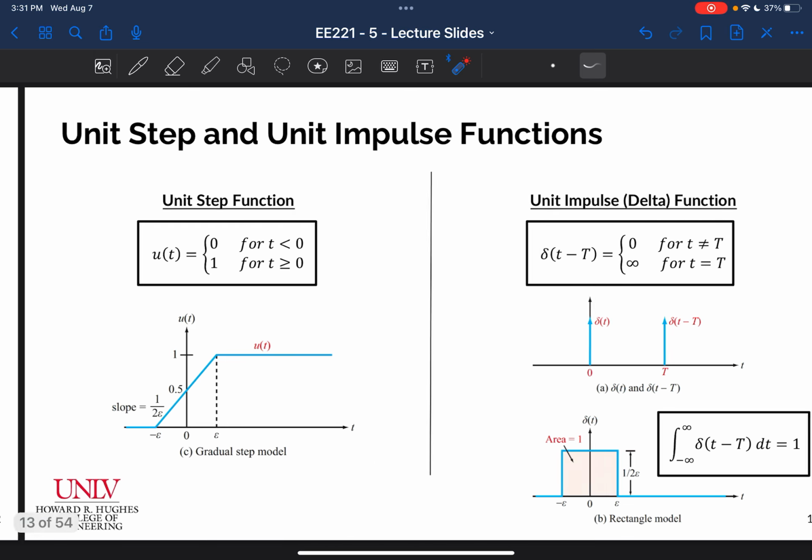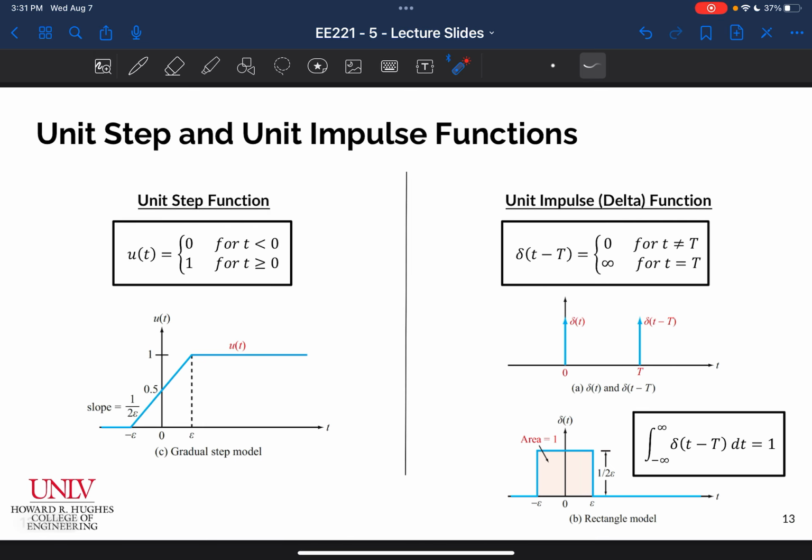And so what we can do is we can actually model that rise pretty similarly to the way that we modeled the delta function. And we can say that that rise starts at negative epsilon and goes till some time epsilon. And it has a slope, of course. It's going to be the rise over the run, which in this case, the rise is 1, value of 1.